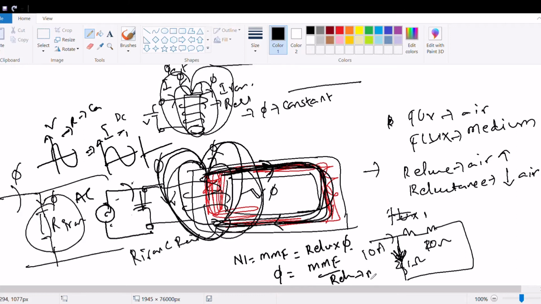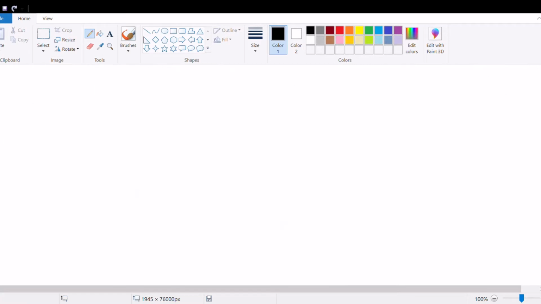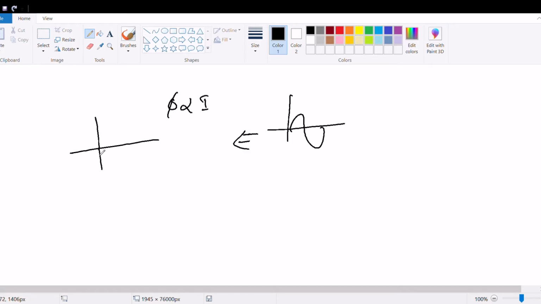Reluctance is a material property, which is constant, and N is the number of turns, also constant, and I is the current. Therefore, flux is proportional to current. As current is sinusoidal and pulsating, flux is also pulsating like this.